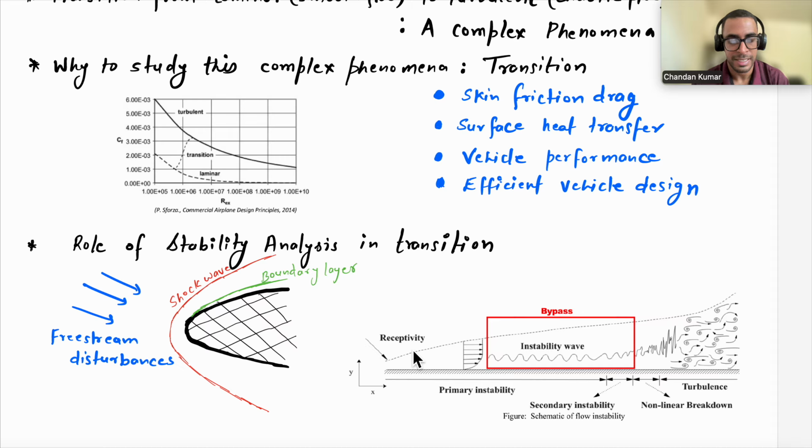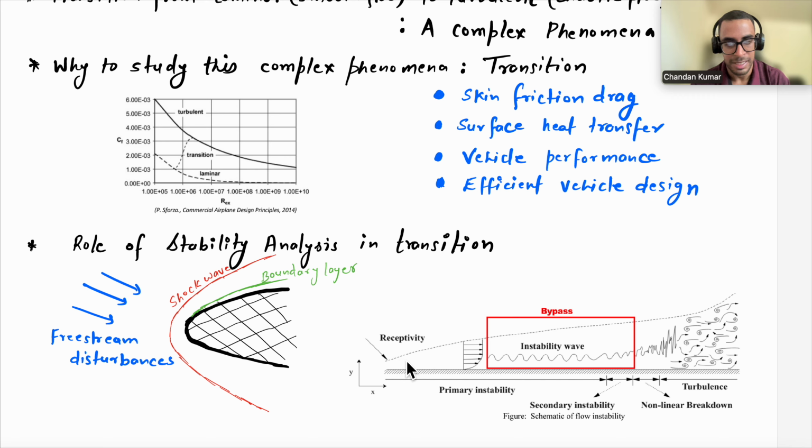And receptivity is a process by which any disturbance which comes in the flow enters the boundary layer. When I say disturbances, it means a fluctuation in terms of pressure, velocity, or temperature.